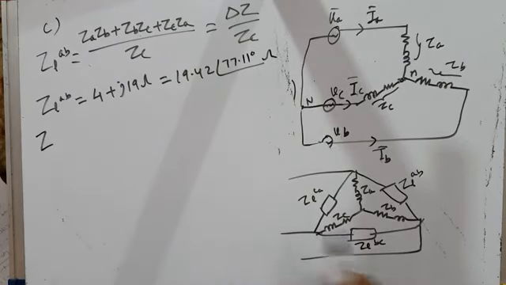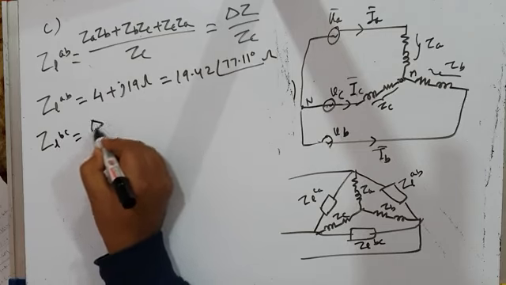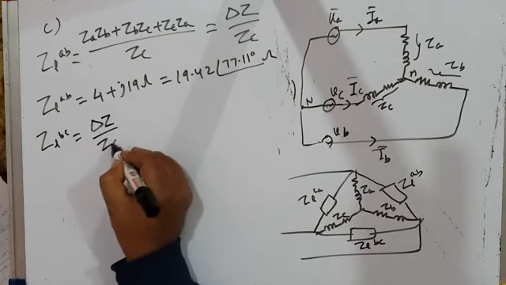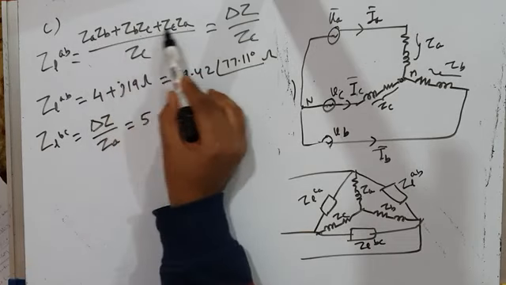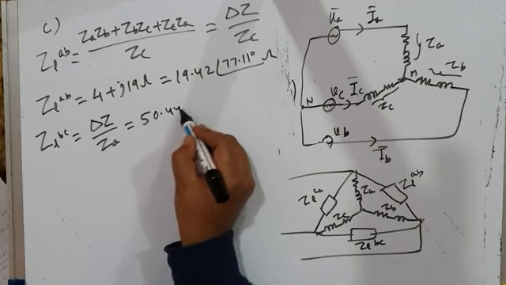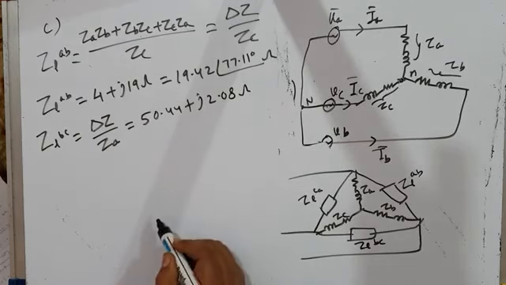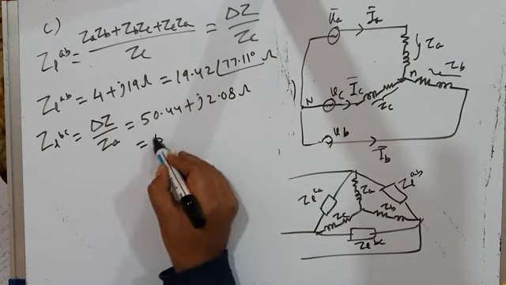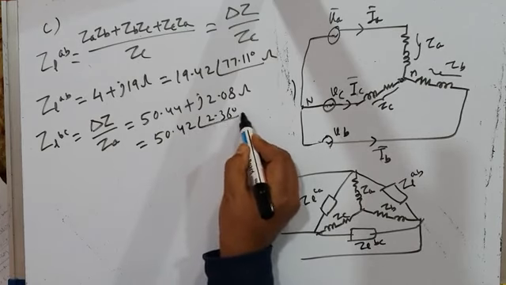Similarly, you can now find ZLBC. ZLBC is delta Z by ZA, where delta Z is the same, ZA ZB plus ZB ZC plus ZC ZA. That comes out to be 50.44 plus J2.08 ohms in rectangular form, and in polar form it is 50.42 at an angle of 2.36 degrees ohms.